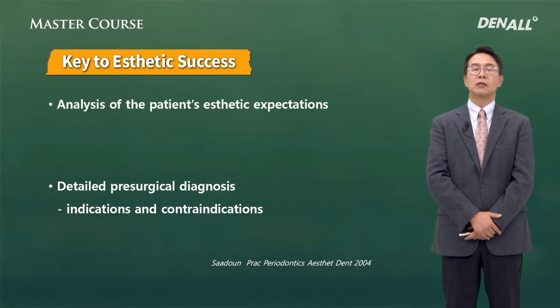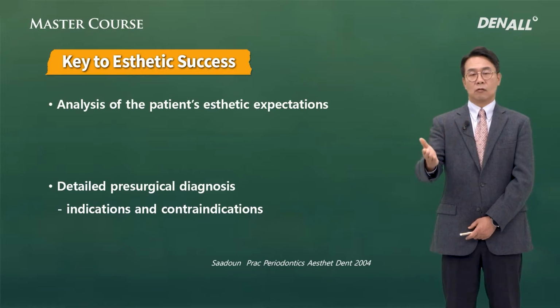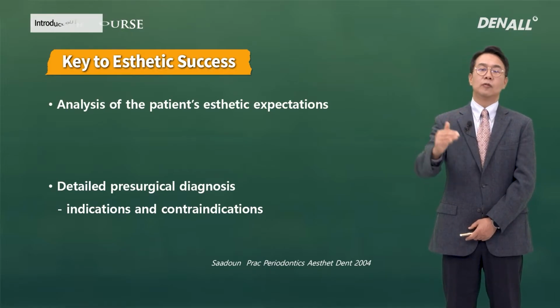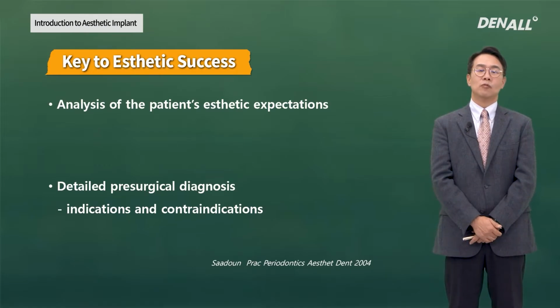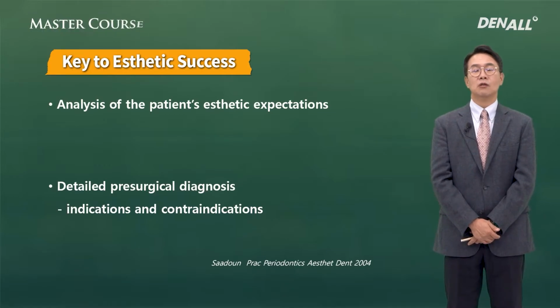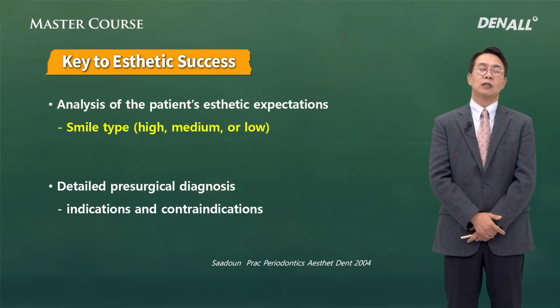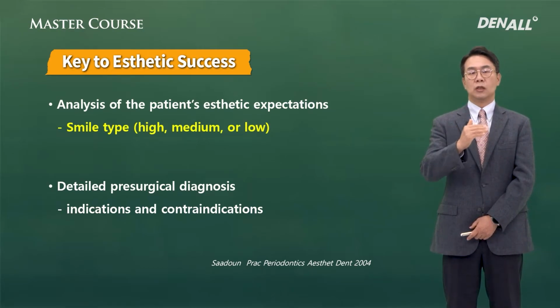So if a patient wants that with high expectation, we need to analyze them and tell the patients what we cannot do. Even though the prosthesis is highly successful on our part, that may not satisfy the expectation of patients. So we need to analyze the patient's aesthetic expectations.